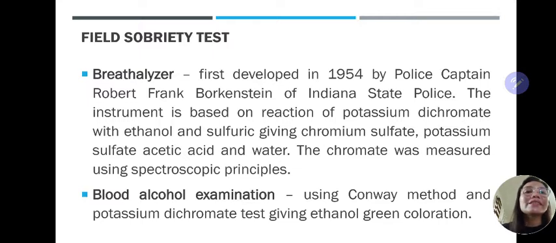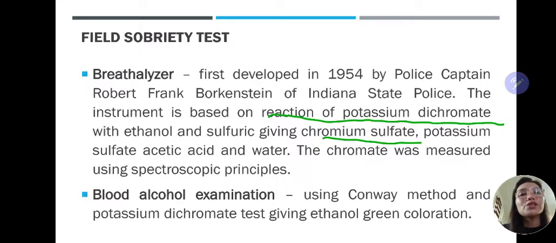So, the breathalyzer was first developed in 1954 by Police Captain Robert Frank Borkenstein of the Indiana State Police. This instrument is based on the reaction of potassium dichromate with ethanol and sulfuric acid, giving chromium sulfate, potassium sulfate, acetic acid, and water. The chromate was measured using spectroscopic principles.